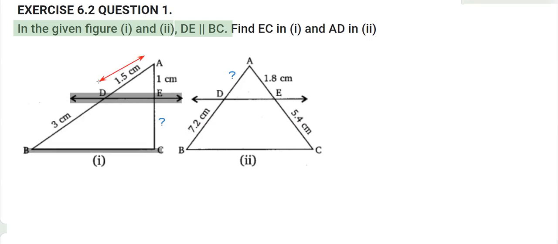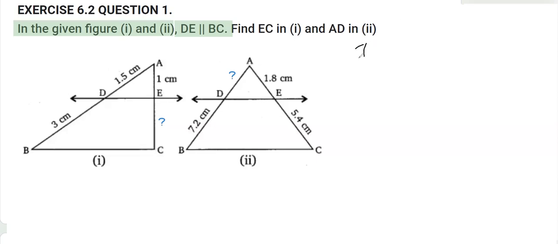That means this over this will be equal to this over this. So the ratio will be equal, and we are going to use this theorem to find the value of the missing side.